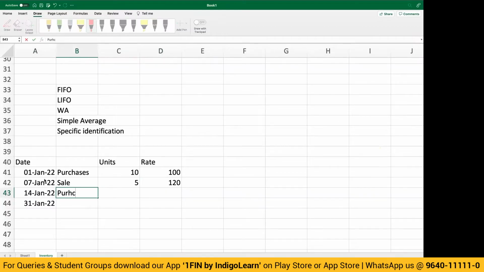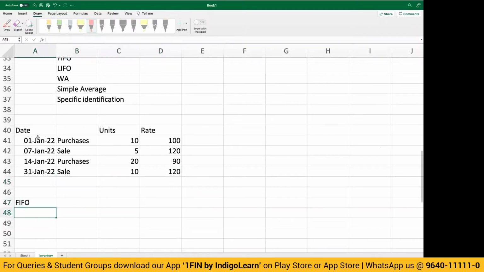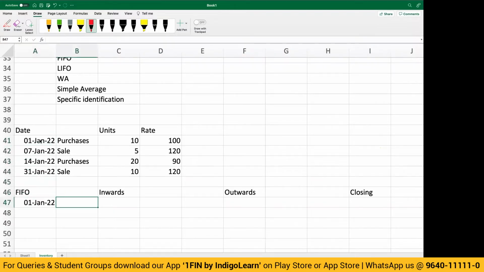Then again, there is a purchase of 20 units at 90. Then again, a sale of, let us say, 10 units at 120, for example. Now, when I say FIFO method, what I mean is: January 1st, inwards, units, rate, amount.